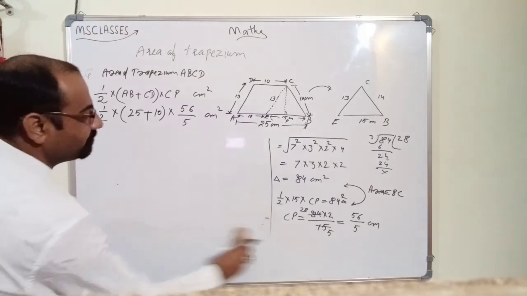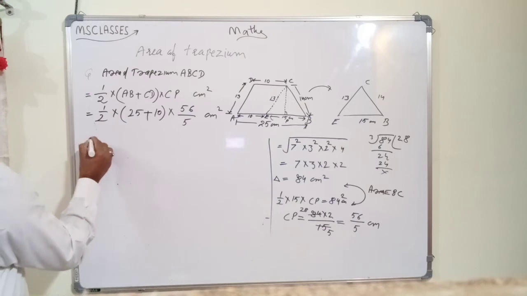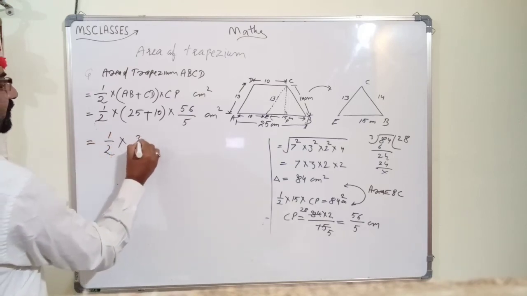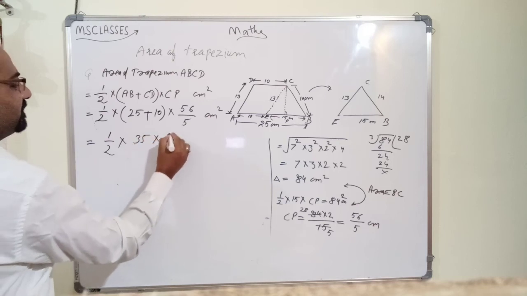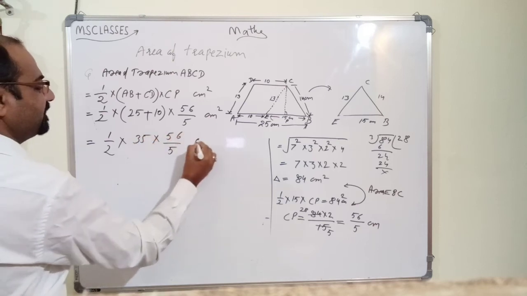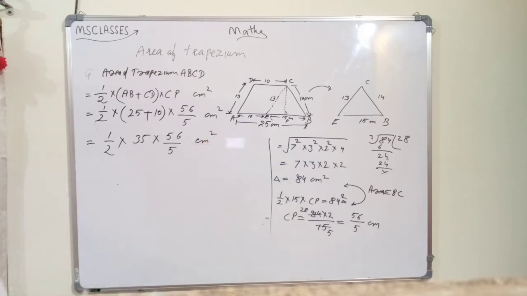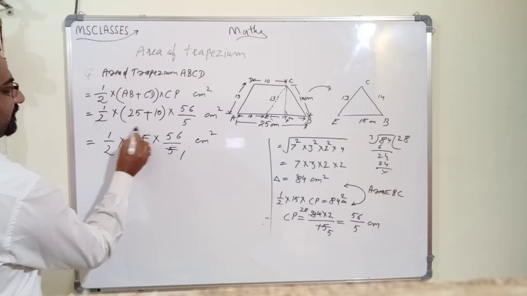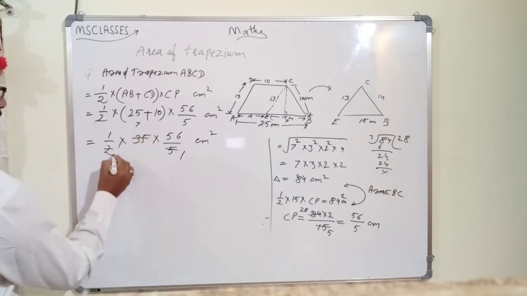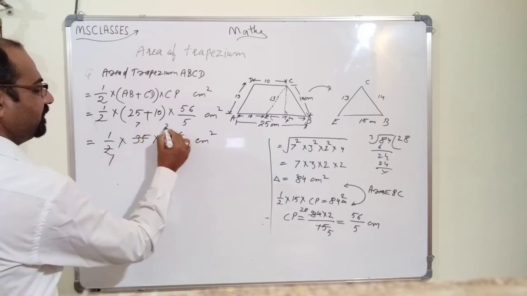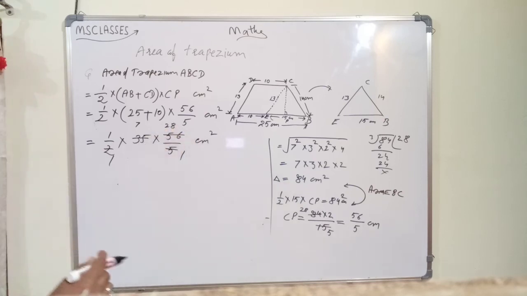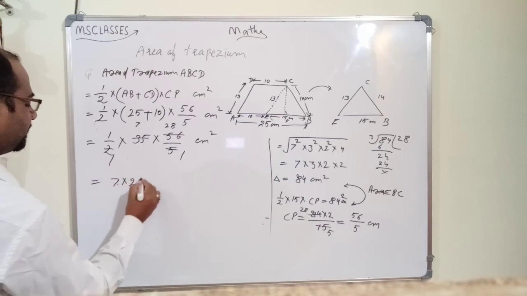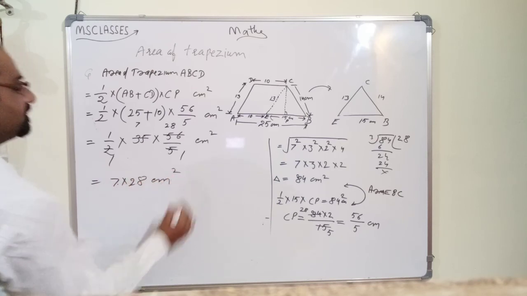Now this is 1 by 2 into 35 into 56 over 5 centimeter square. Now 5 ones are 5, 7 5s are 35, 2 ones are 2, 28 2s are 56, and this is equal to 7 into 28 centimeter square.